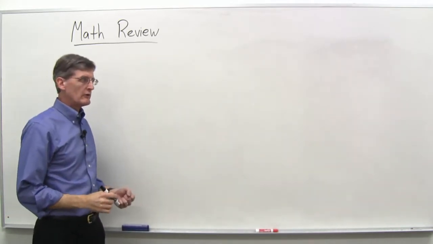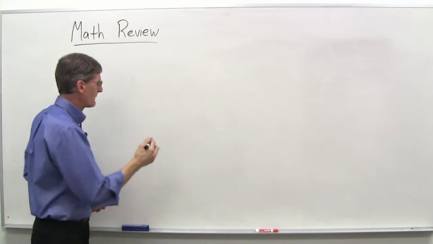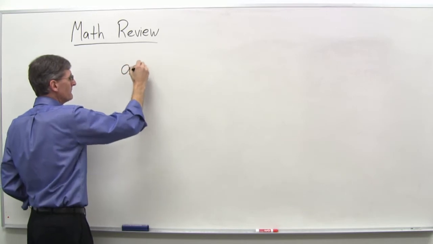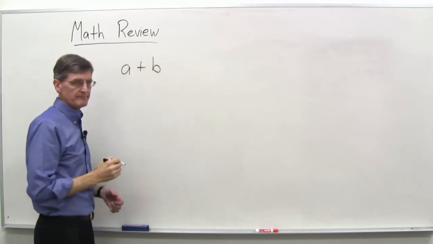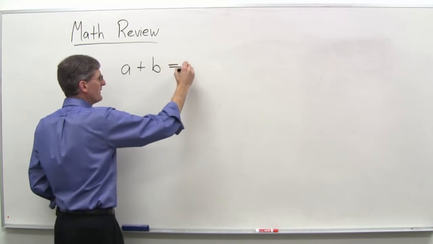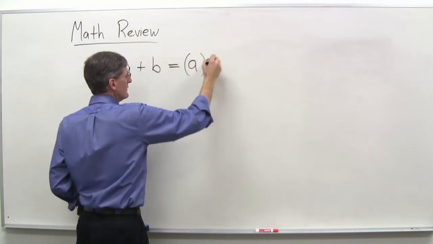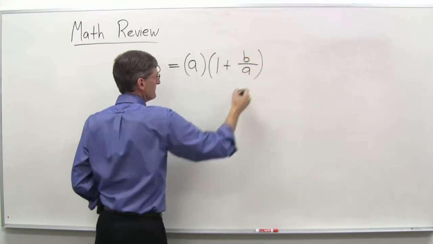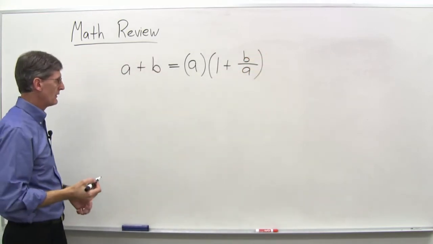Some other reminders here that will actually be useful later on. What if we have something like this? If we say a plus b, remember we can factor things out. So we can write this as a times 1 plus b over a. Okay, remember how we did that?